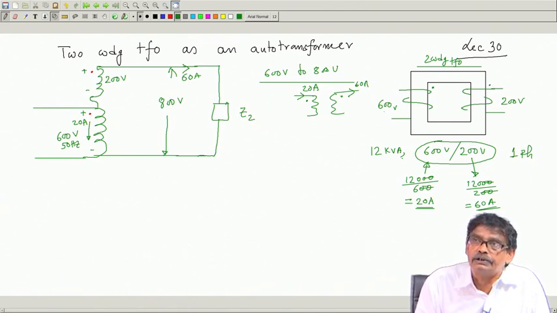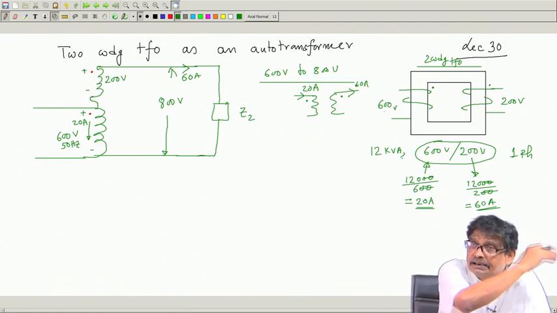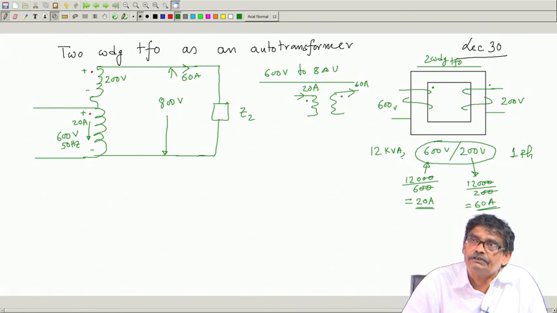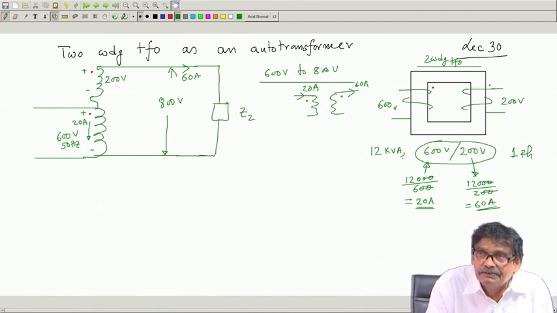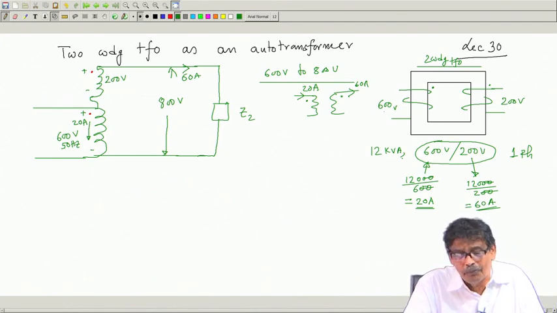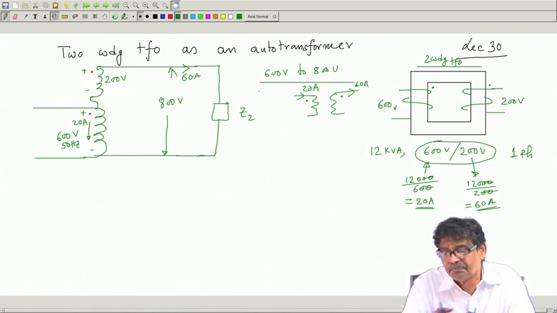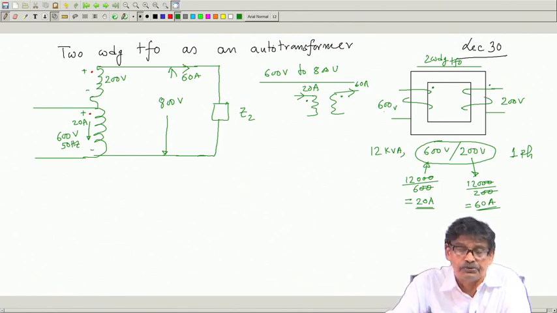Why it should draw 20 ampere? So that it can balance this MMF, so that the flux is created only by that magnetizing current, which is very little, because KVL is to be satisfied here, flux will remain same no matter what you are connecting across these two terminals.